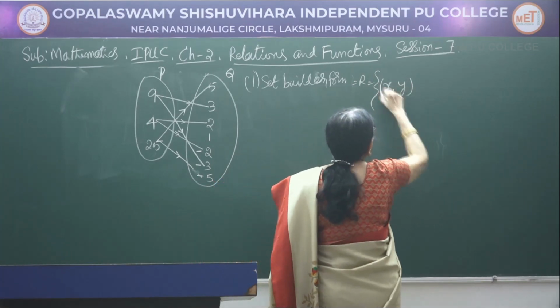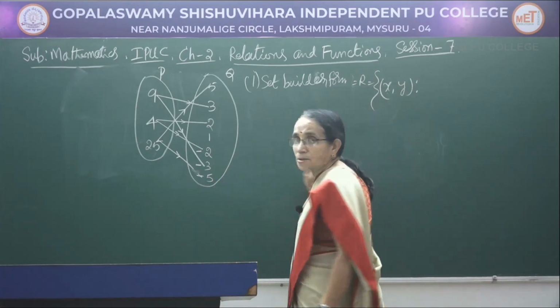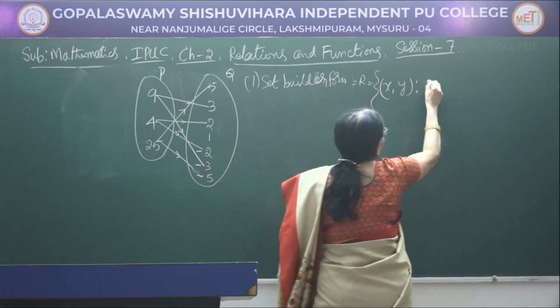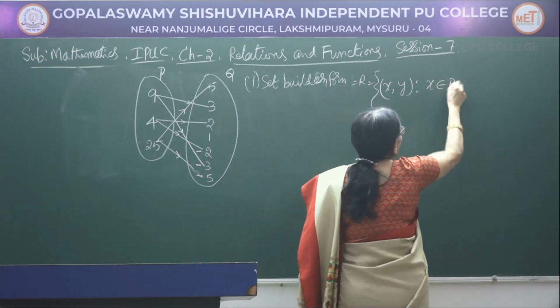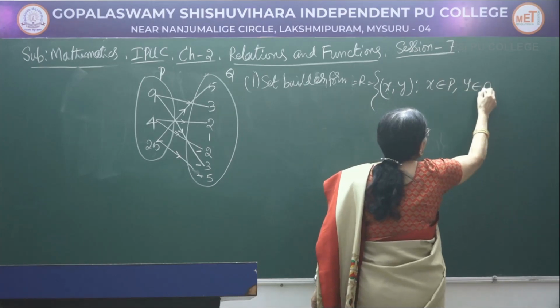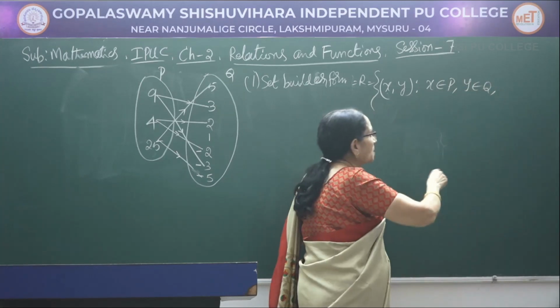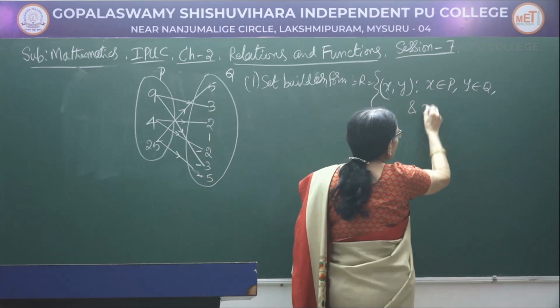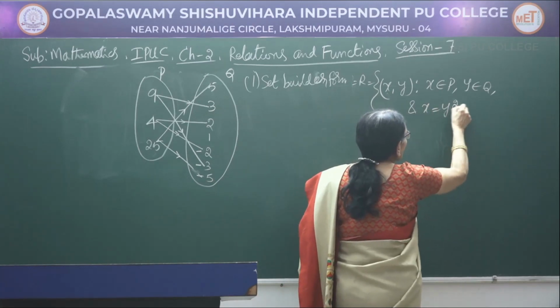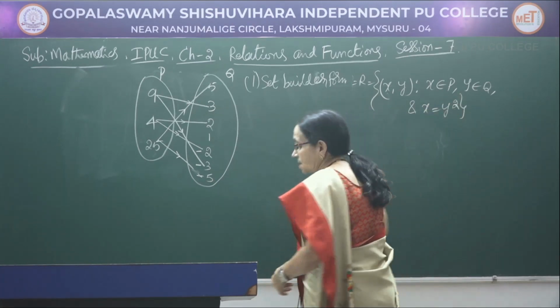It contains all the ordered pairs x comma y, and how are the elements taken? x belongs to P, y belongs to Q. Though it is a standard, better you write it, and x is equal to y square. This is the relation.